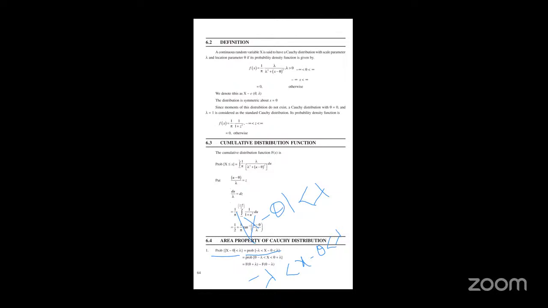If I take this inside, it becomes theta minus lambda less than x less than lambda plus theta. So lambda plus theta is one thing and theta minus lambda is the other. These are the two limits.